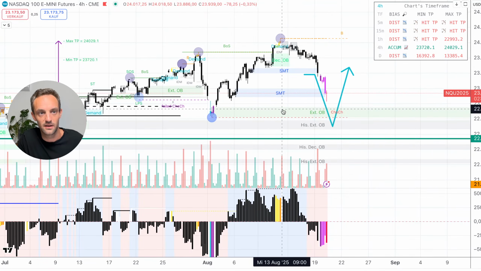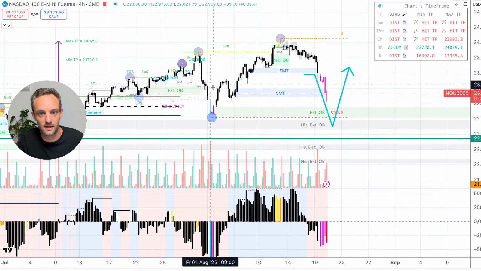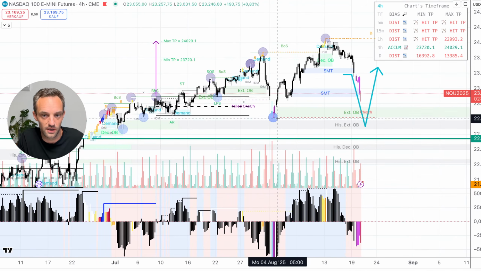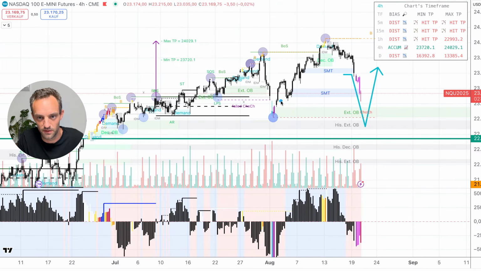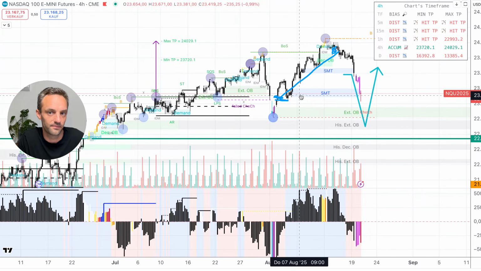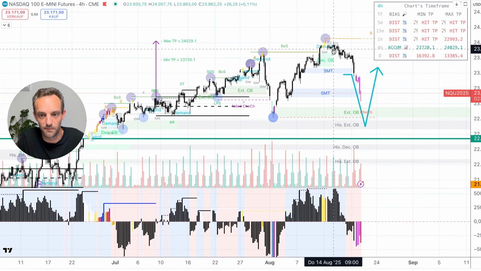So what do we see here in the NASDAQ? In the 4 hour chart, we saw here a nice bottom building process. For my German channel, we did a long trade from somewhere here, and we stopped here on Thursday. Really nice long trade. It worked because of the analysis of these indicators.